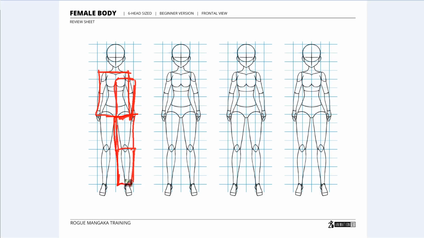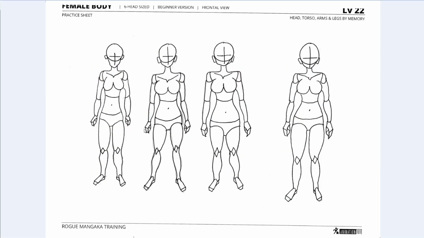And if we take the complete leg, look, the complete leg is bigger than the torso. Can you see that? So let's go back. And in here, look, the leg is almost the same size, actually even a little bit smaller than the torso.